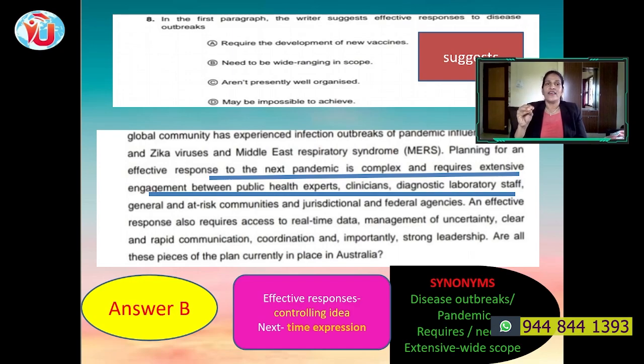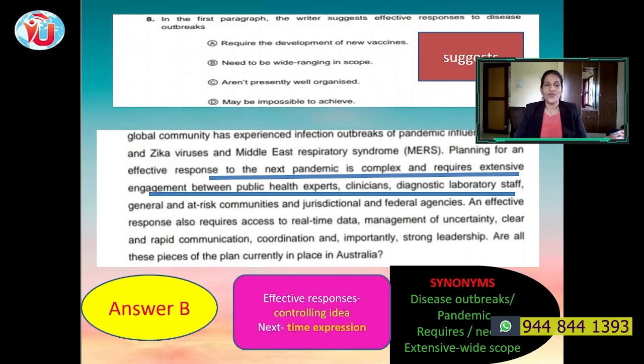You read here. In the first paragraph, the writer suggests effective responses to disease outbreaks need to be wide-ranging in scope. That's why it is said extensive engagement. Wide-ranging is nothing but extensive engagement, because they don't deal with one particular group. There are many groups involved. So that is what will tell you what the answer is.